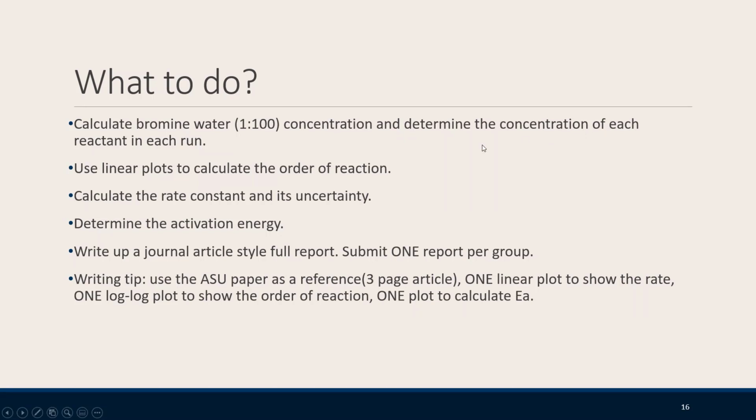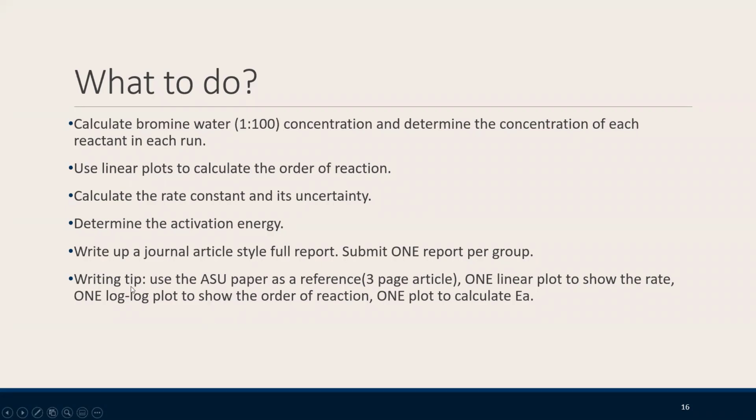And the concentrations of other reactants are determined by different dilution processes. Use a linear plot to calculate the order of the reaction with respect to each reactant, and then calculate the rate constant and its uncertainty, and then determine the activation energy and then write up a journal article style full report. And this is a group report, so submit one report per group.